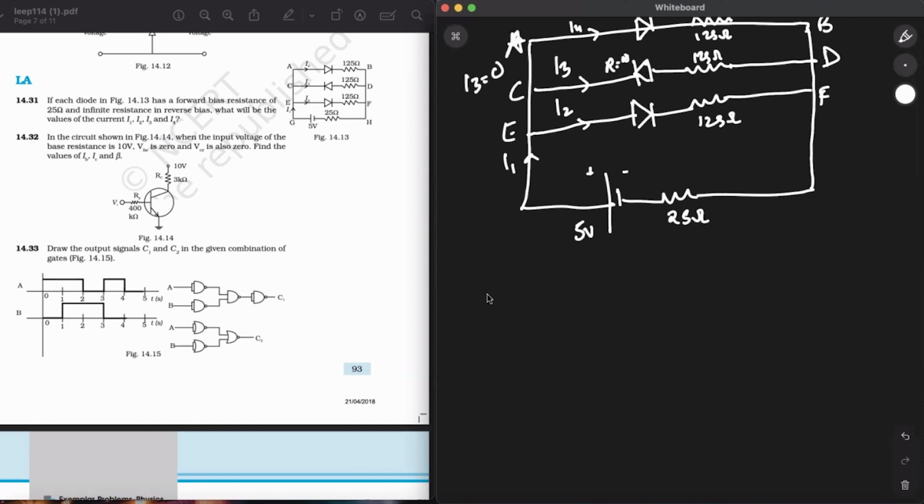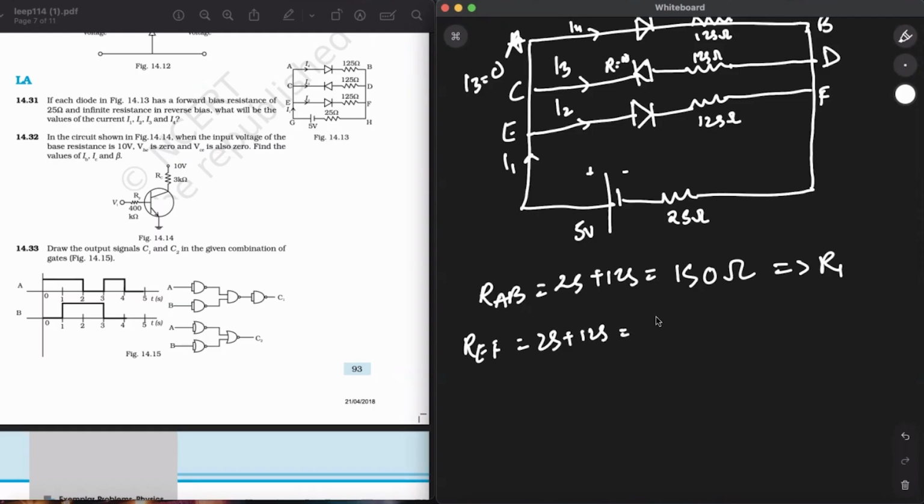The resistance in the branch AB will be 25 plus 125, which is 150 ohm, and this is my R1. The resistance across the branch EF will be 25 plus 125, 150 ohm, which is my R2.